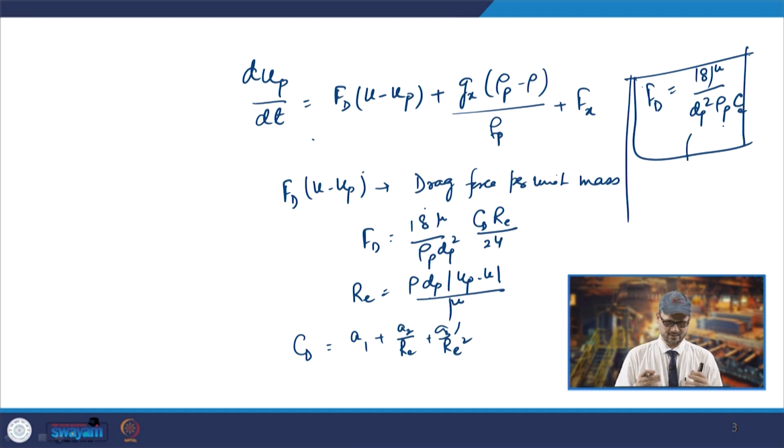Once you do that, then comes how to take the stochastic component into picture. Before that, you can also consider other forces, such as lift forces, acting on the particle.